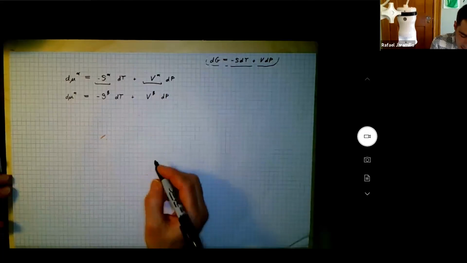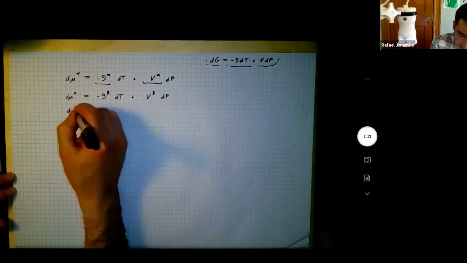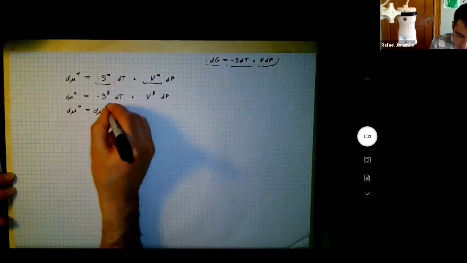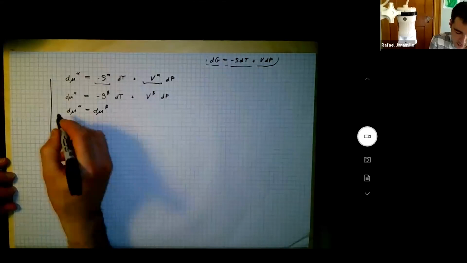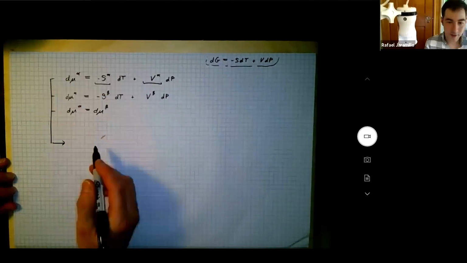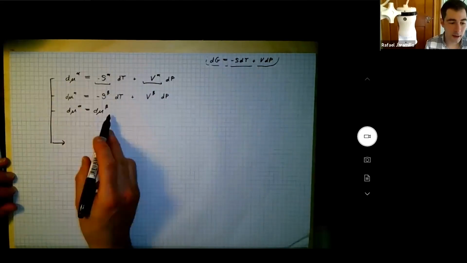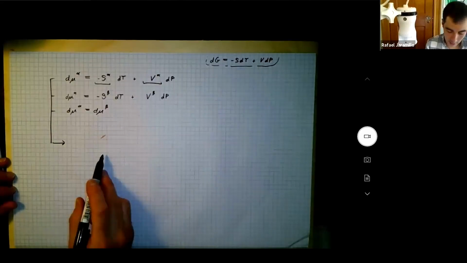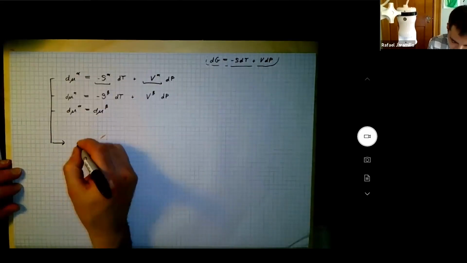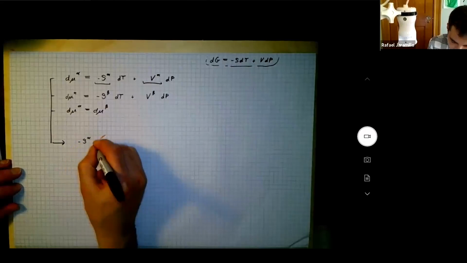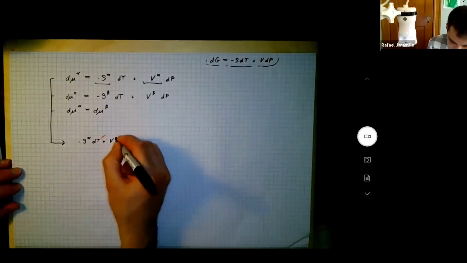And I want d mu of alpha to be equal to d mu of beta. So I'm going to combine these three lines, right? I'm going to plug in for d mu alpha. I'm going to plug in for d mu beta. I'm going to see what I get. And so what I get is what? d mu alpha equals minus S alpha dT plus V alpha dP.